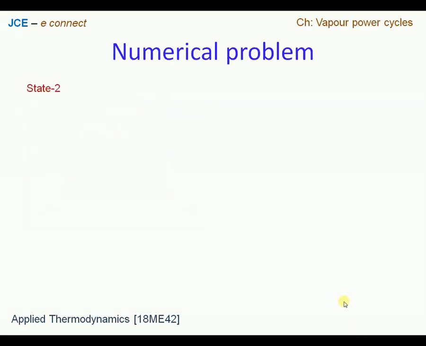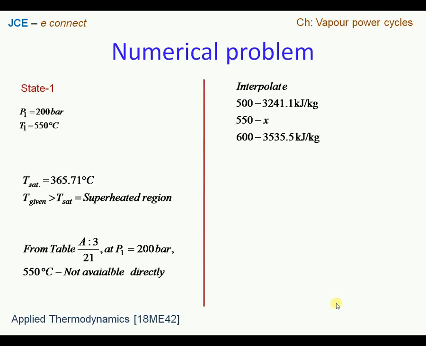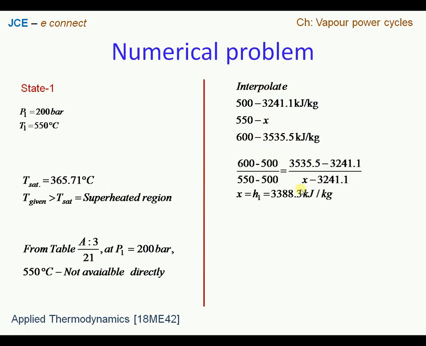Let's now proceed with noting it down. We have referred to table A3, which is related to state point 1. The 550 data was not available directly, so we interpolated the value for enthalpy and got the result shown. A similar procedure was followed for entropy.